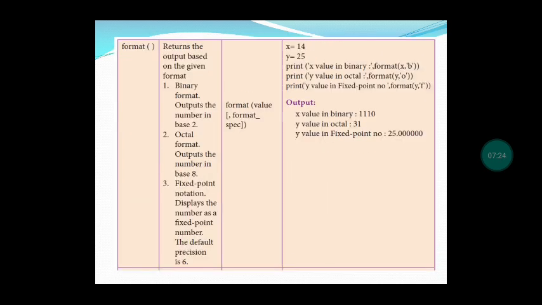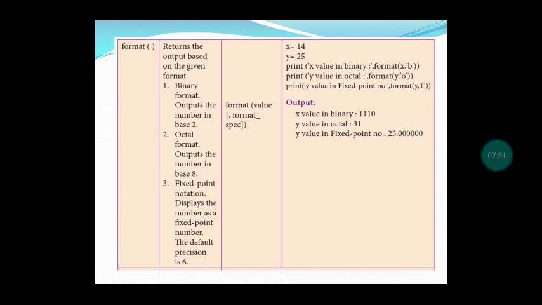As I already said, format function can be used instead of bin function. Let us see the syntax of format function: format of value and format specification we can give. See the example, x equal to 14 and y equal to 25 is given. And then format of x comma b. What is in x?